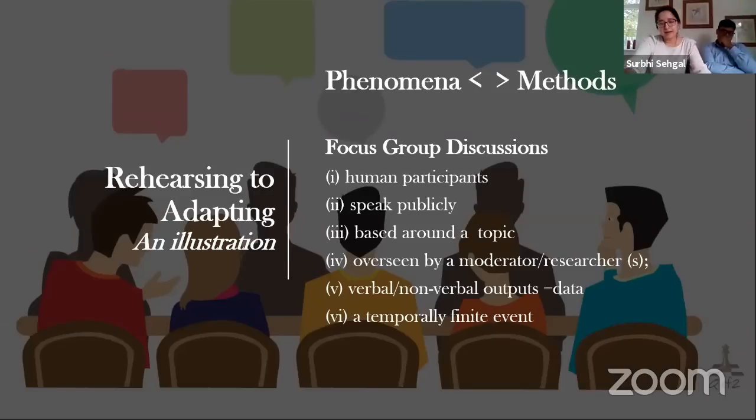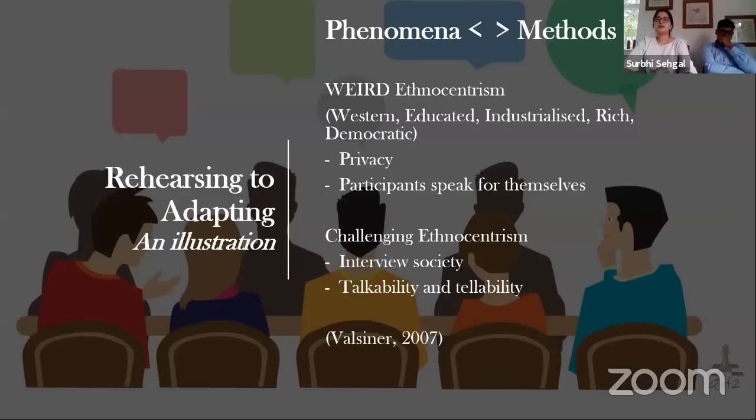Now, as I said, focus group discussion originated in what is known as WEIRD societies, using the acronym. This method emerged in Western, educated, industrialized, rich, and democratic societies. That's where the acronym WEIRD comes from.